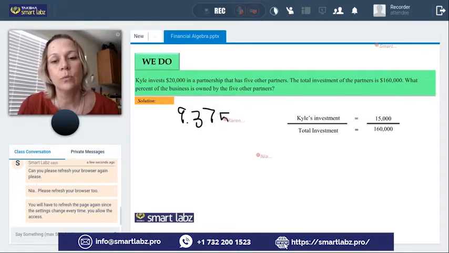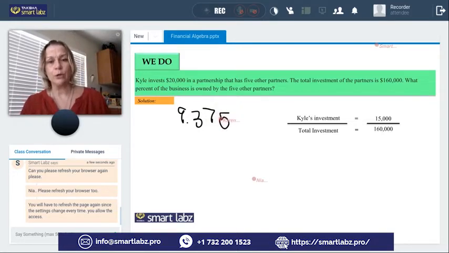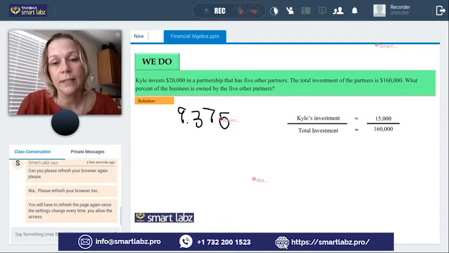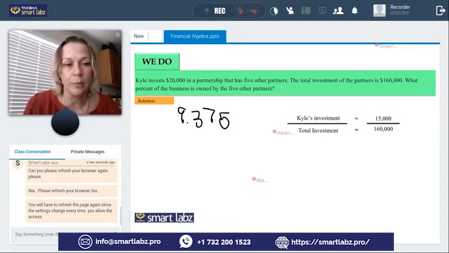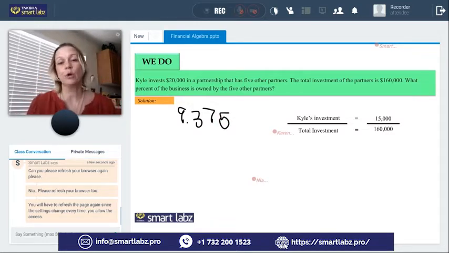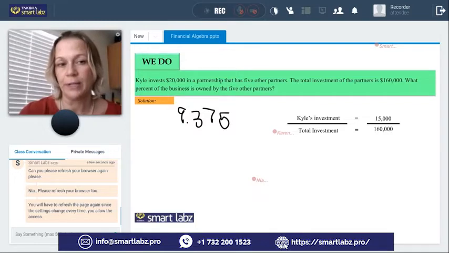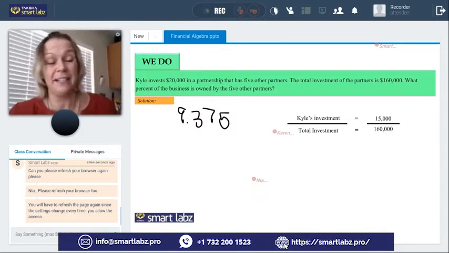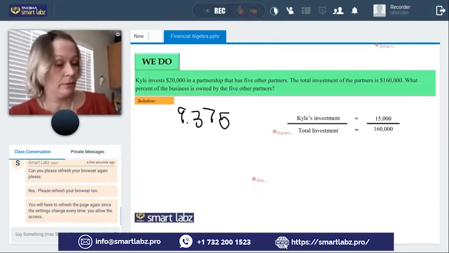Exactly. He owns 9.375. You can either multiply that by 5 or you can subtract that from 100%. You can do 100 minus 9.375 and you're going to get what everybody else owns, correct? Yeah. That would probably be the easiest, even more than multiplying it by 5.